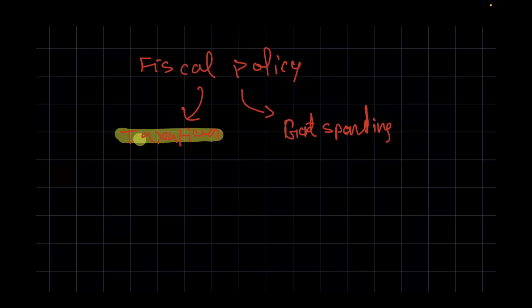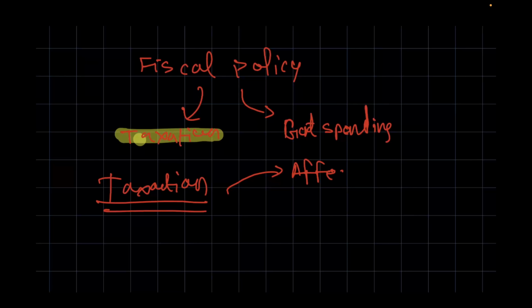When we start off with taxation, let's try and break this down as to which aspects of aggregate demand it affects. It affects C, I, and net exports as well.